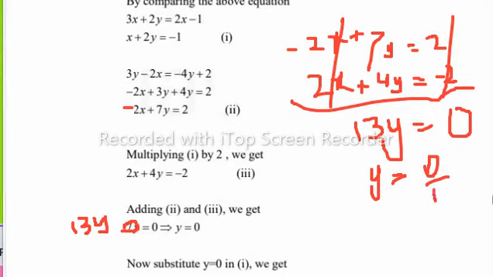And we get the value of y, which is 0. Okay, the value of y will be 0. So it's our required answer. Let's see the next step.